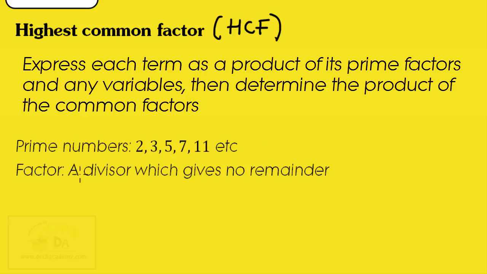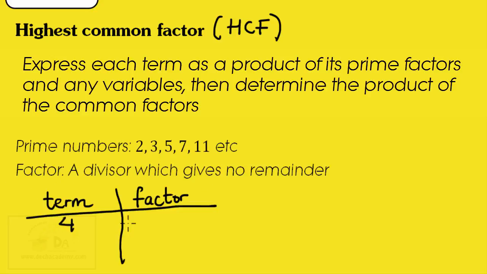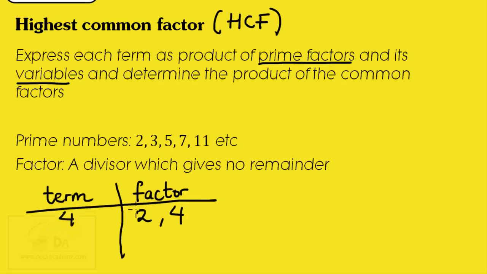A factor of a number or a term is a divisor of that term which gives no remainder. So for instance, 4 has a factor of 2 because 4 divided by 2 is 2. There's no remainder. 4 is also a factor of 4 because 4 divided by 4 is 1.